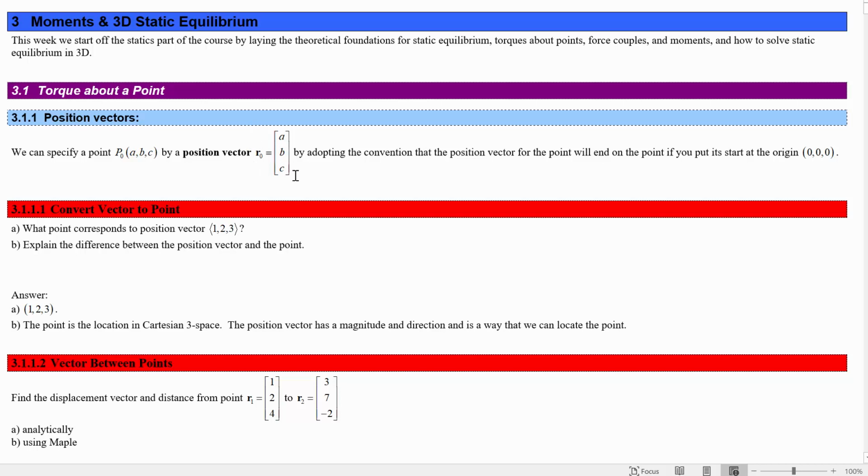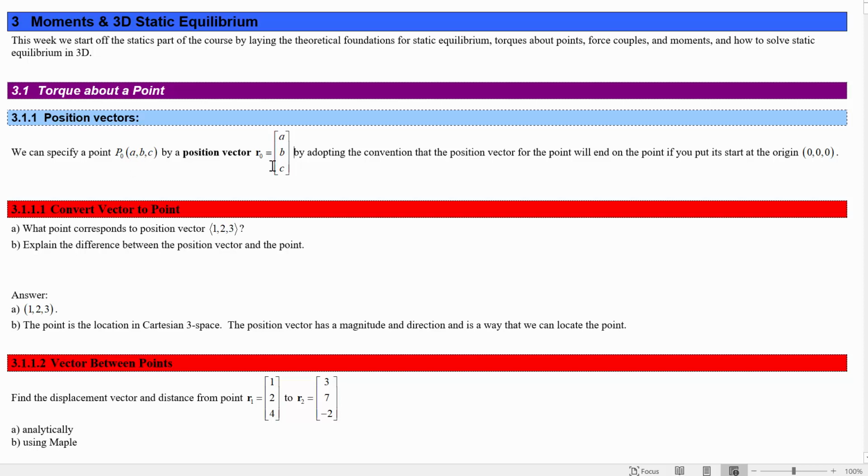The position vector tells you the displacement from the origin that you would take to get to this point. So you can say the point is located at these coordinates, or you can say, with a position vector, here's what displacement you need from the origin to get to that point.